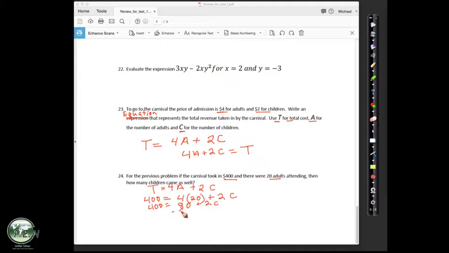So you subtract the 80. 400 minus 80 is 320. Remember, 80 minus 80 becomes 0, so it disappears. 2C comes down, and what do we do? Divide by 2.